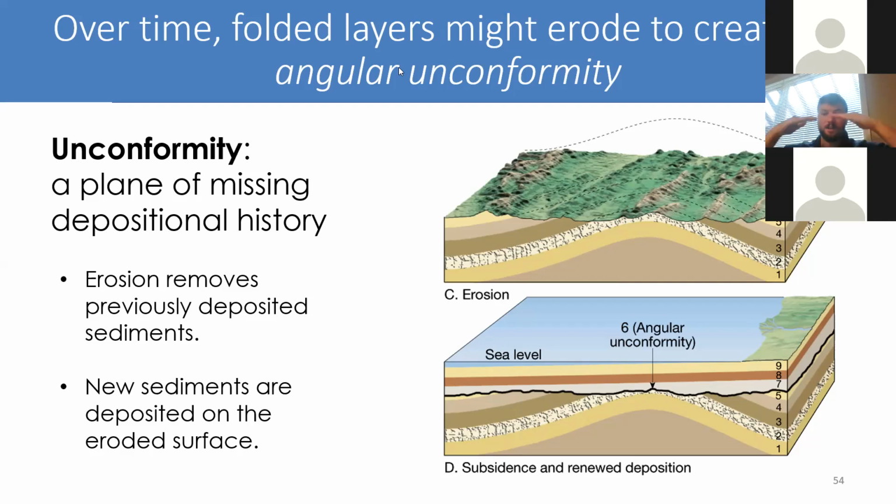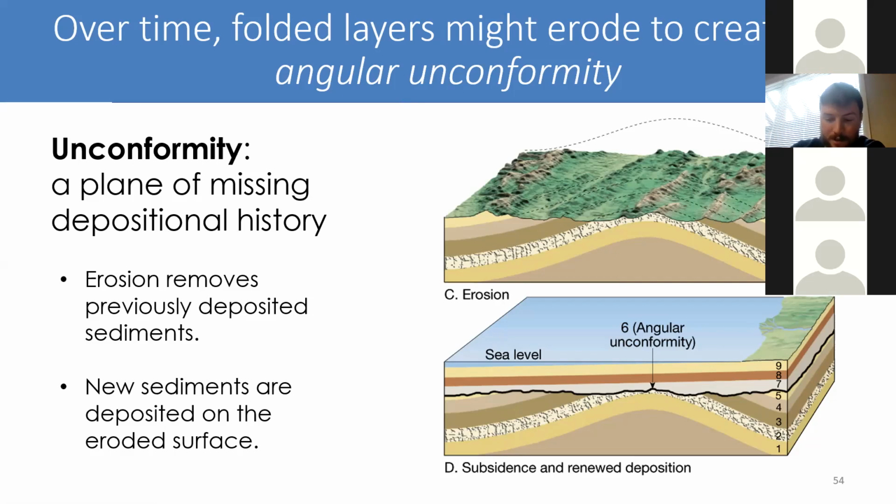So you get original rocks that form horizontally, you get uplift, you get erosion, and then you get new deposition. Does that make sense to everyone? Yes. Okay. If it's confusing, let me know.